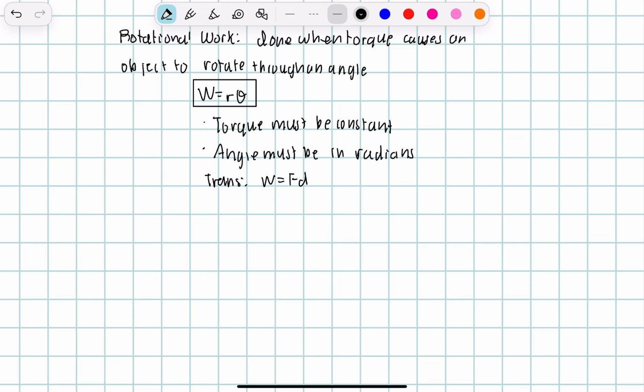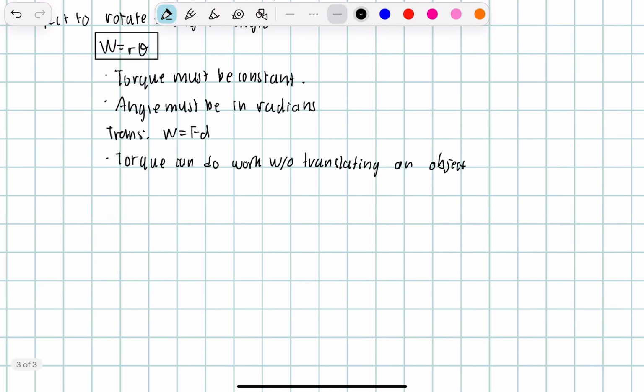Now, what you need to know is that torque can do work without translating an object. Work depends on angular displacement, not time, unlike translational.